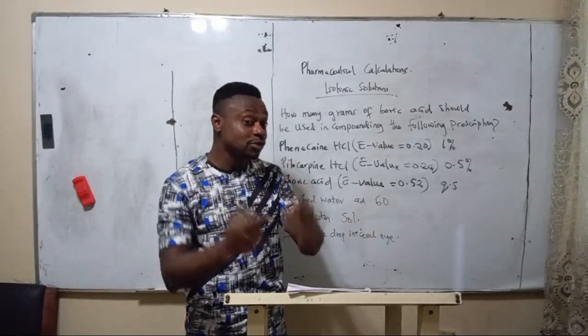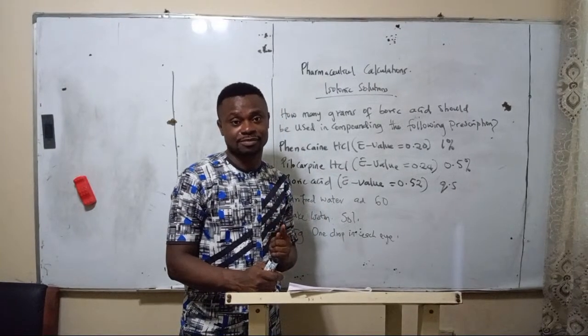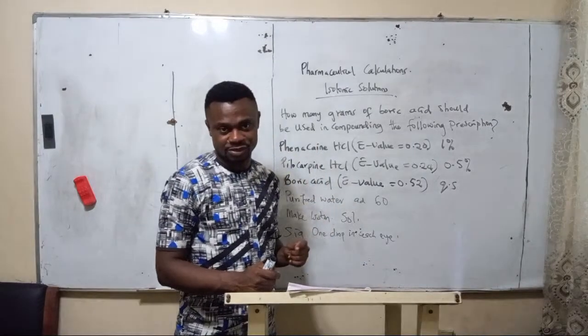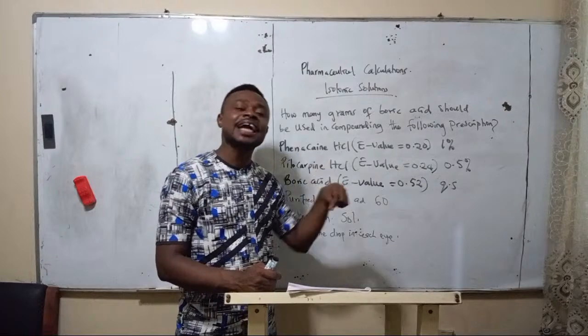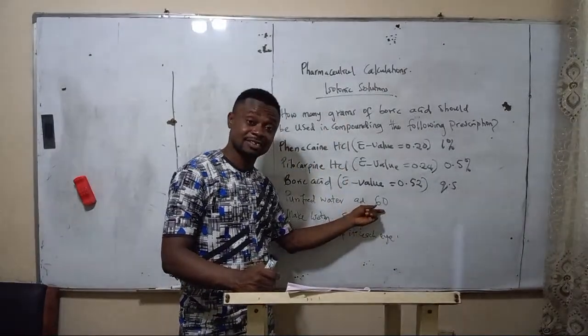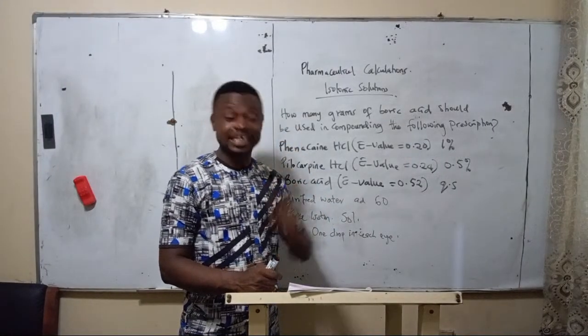We want to produce 60 ml of a solution. So the first step is to find out the amount of sodium chloride in 60 ml that will be isotonic. That's the first thing to do.